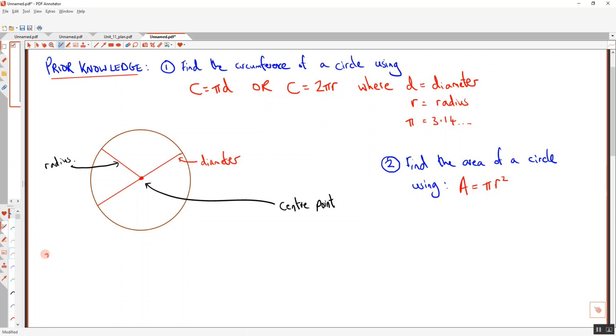The third thing that you must remember, which we will revisit, is finding missing lengths in a right angle triangle.